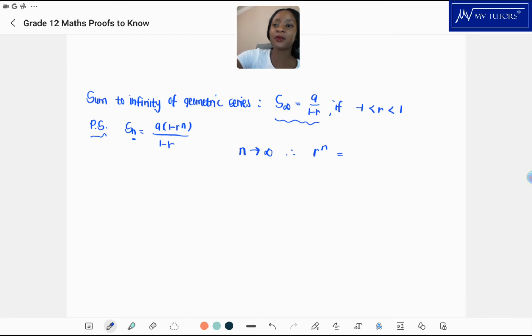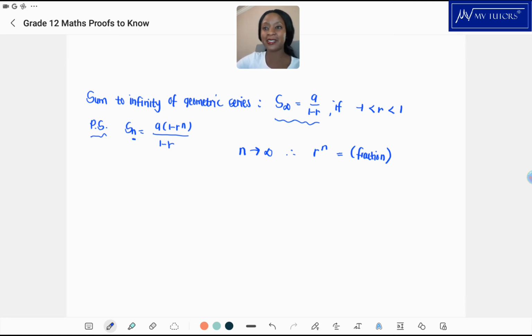R is a fraction, a number bigger than negative 1 and less than 1.